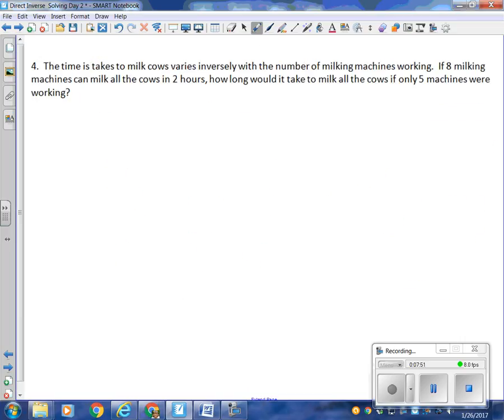All right. When we did our steps yesterday, we still looked at the first sentence and we still realized the time it takes to milk cows varies inversely with the number of milking machines. Okay, so the more milking machines cuts the time down.